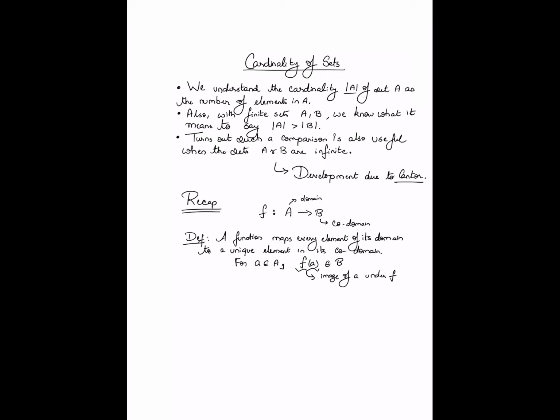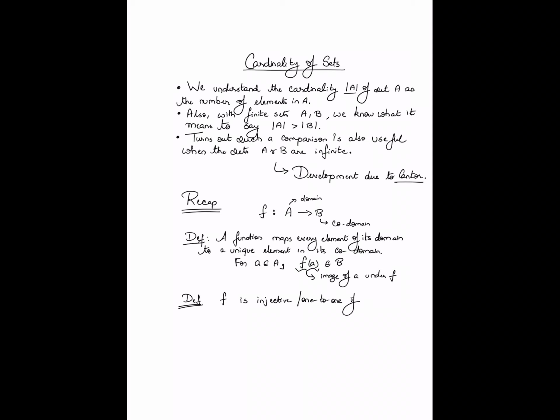The reason I'm bringing this up is that I now need to remind you of the definitions of injective functions, surjective functions, and bijective functions. Let me begin with injective functions. We say that f is injective, or one-to-one, if the following condition is true.